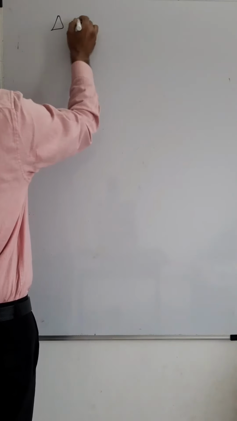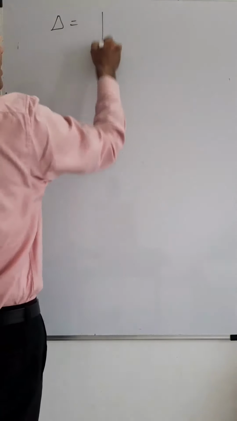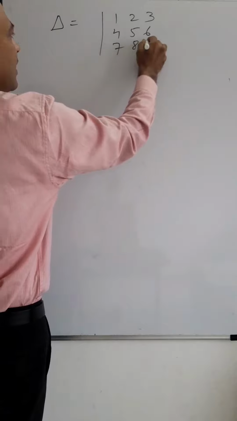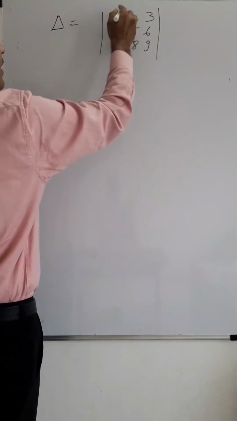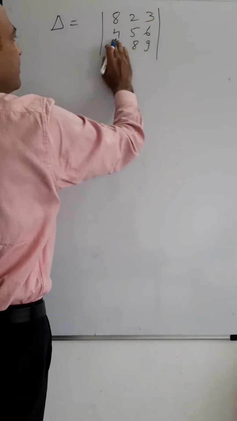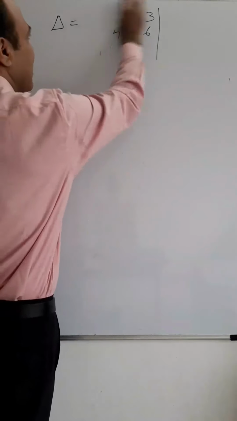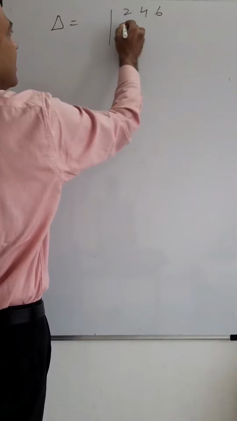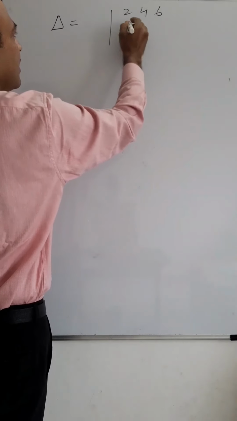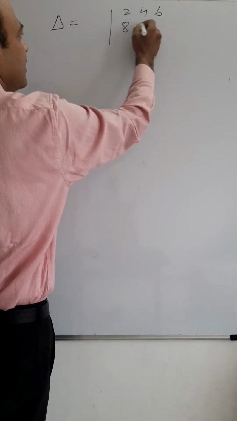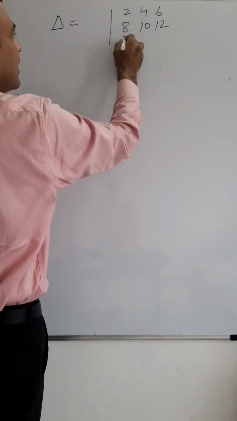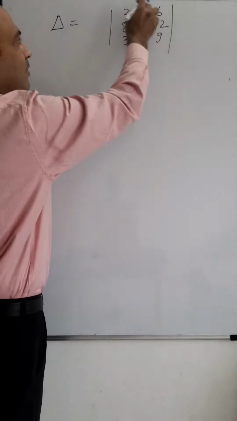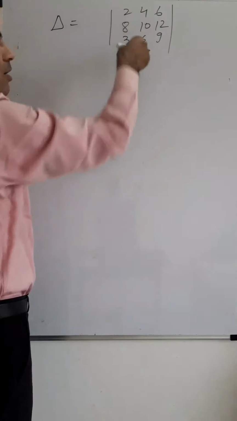Next we have, in determinants, the common part we have to discuss. If I talk about taking common, let's say this determinant, take an example like 2 4 6, 3 8 10 12, 3 6 9. So you can take common from each row or each column also.